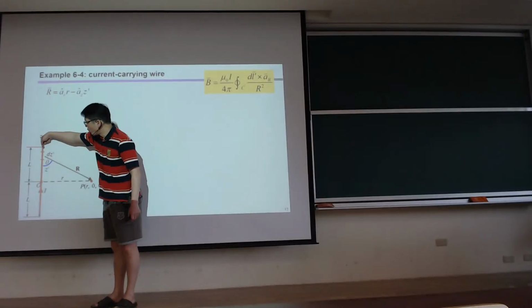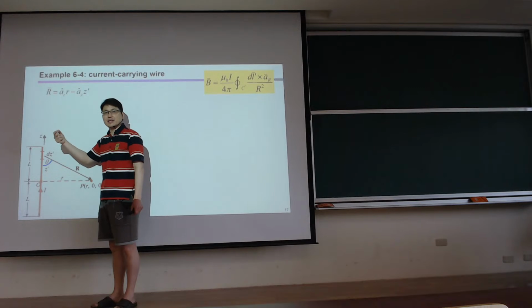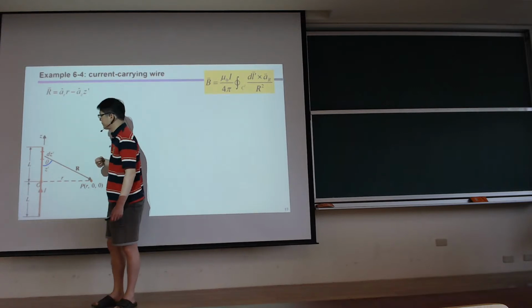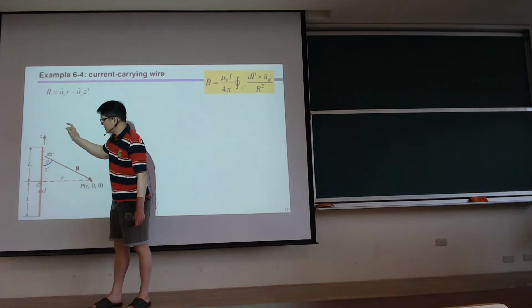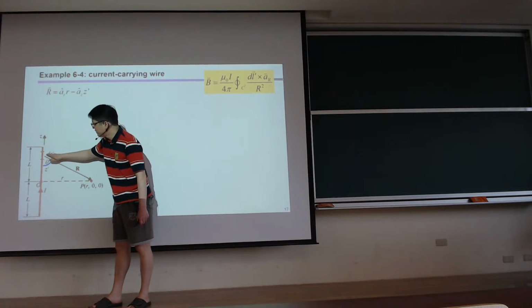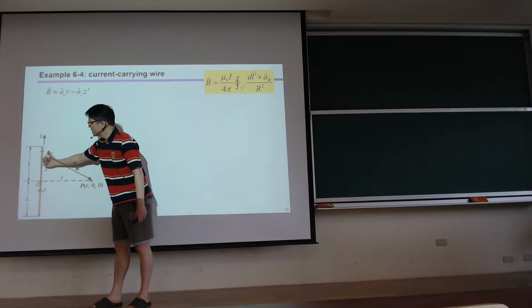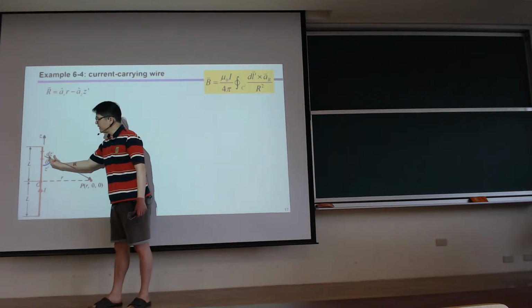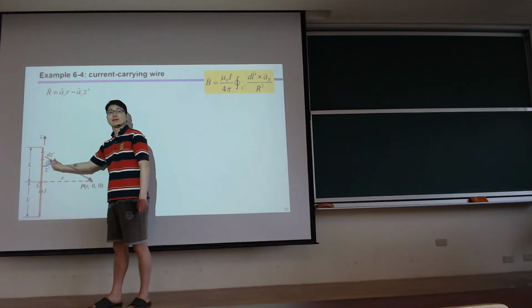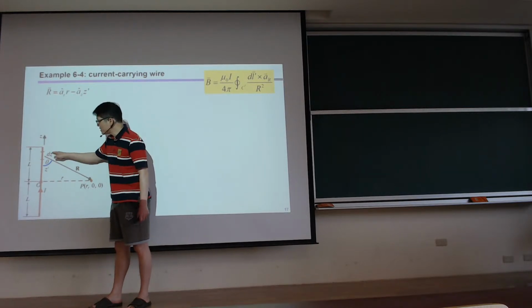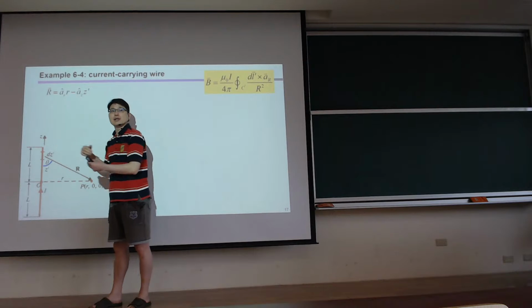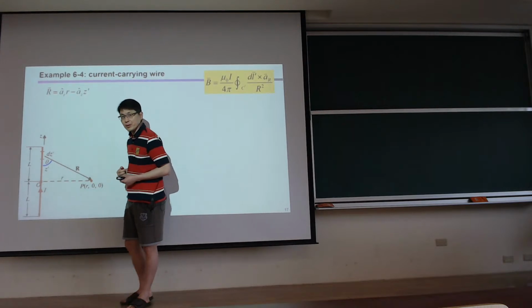Of course, the wire is not having its own radius. The wire is positioned in the z direction, and therefore this differential segment is in the z direction, and each one has a magnitude of dz prime. Again, I'm using the prime system to denote the source.